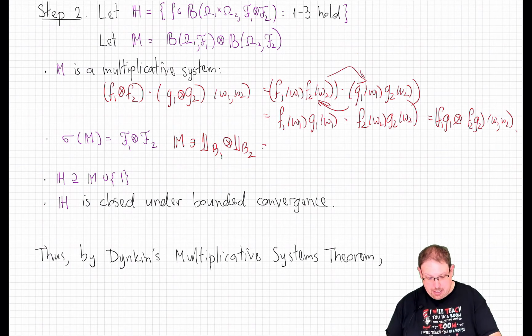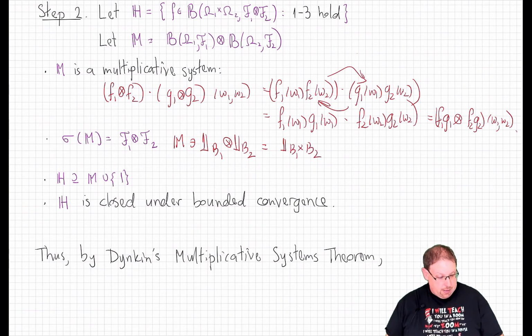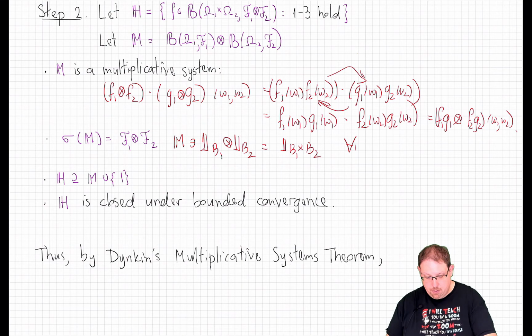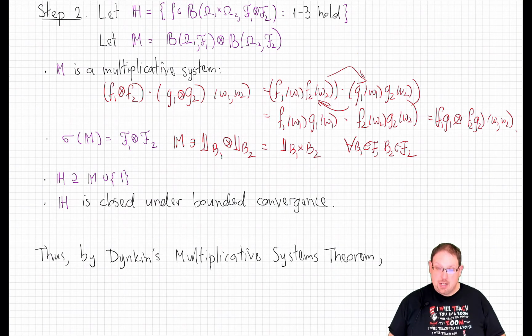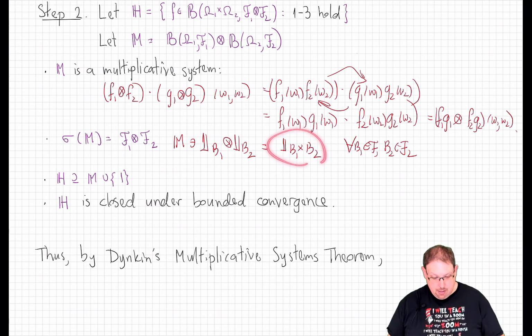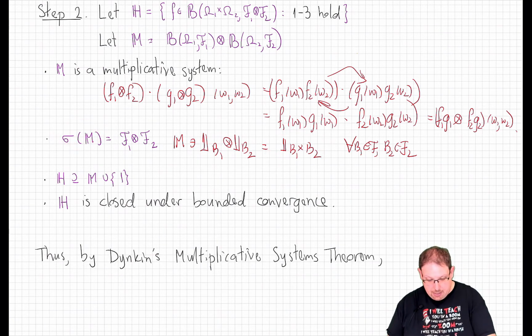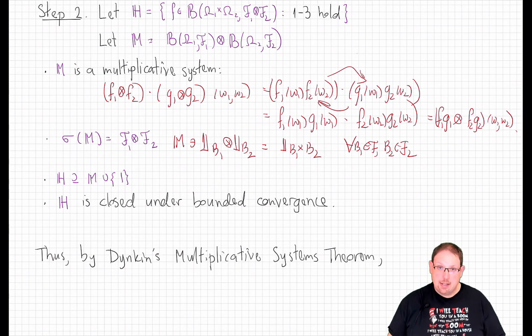And as we already stated, that's the same as the indicator function of the product, B1 times B2, for any B1 in F1 and B2 in F2. So since M contains all of these, it follows that sigma of M contains all of these product sets, and therefore contains the sigma field generated by all those product sets, which is, by definition, this dude here.